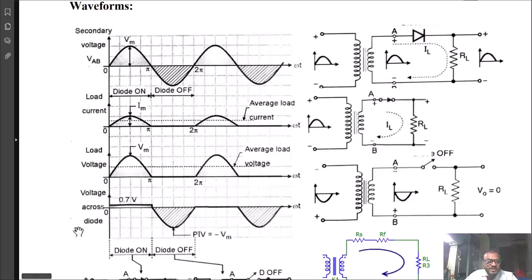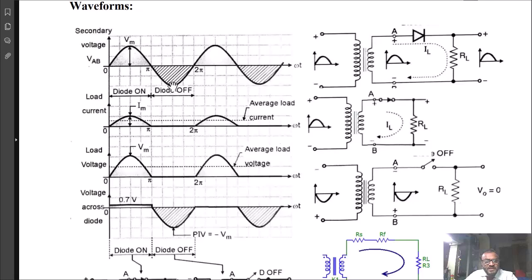Let us see the voltage across the diode. During the positive half cycle, that is the interval 0 to pi, since the diode conducts, the voltage drop across the diode will be 0, ideally. But practically, there is a forward voltage drop of the diode, that is 0.7 volt.